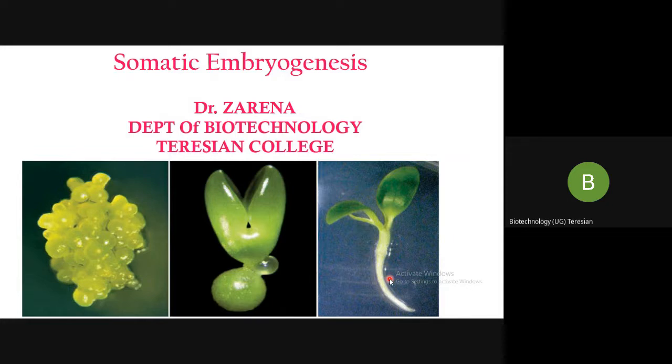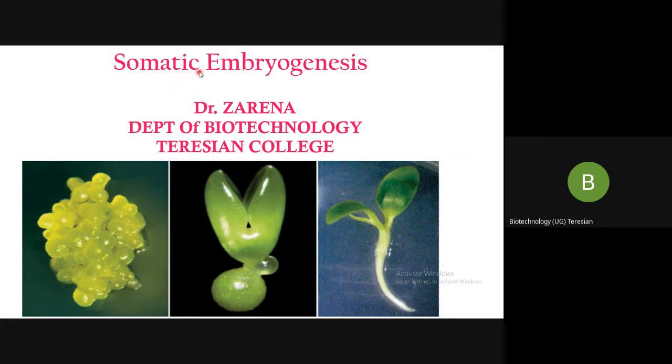And what is the meaning of the word embryogenesis? Embryogenesis is the normal formation of embryo. So, somatic embryogenesis means I am going to develop an embryo from the somatic cells, that is, non germline cells.